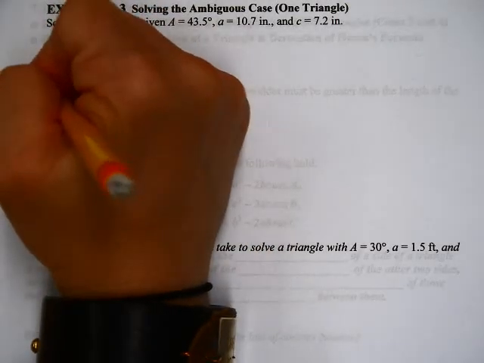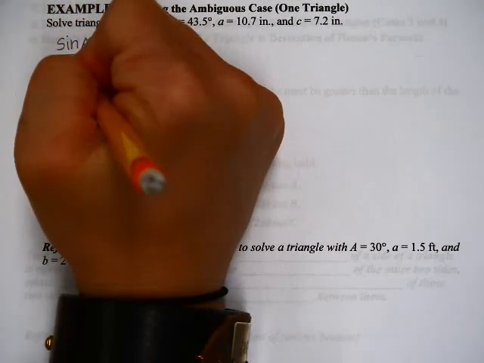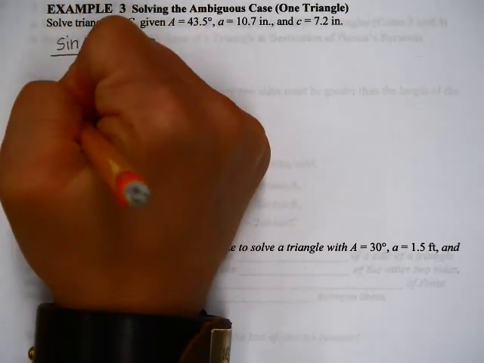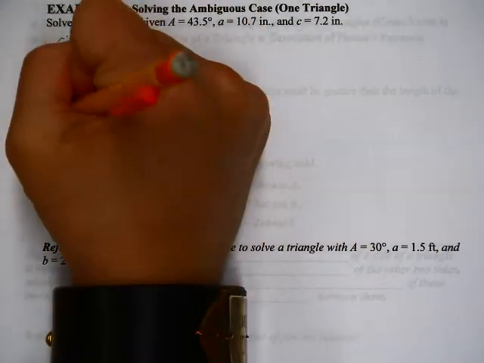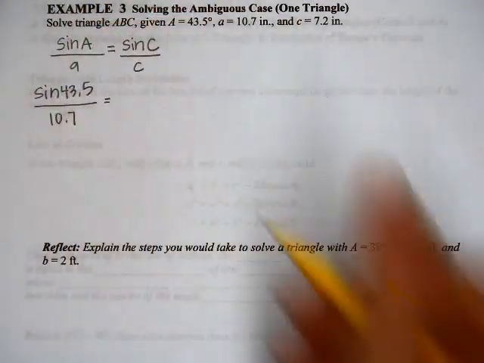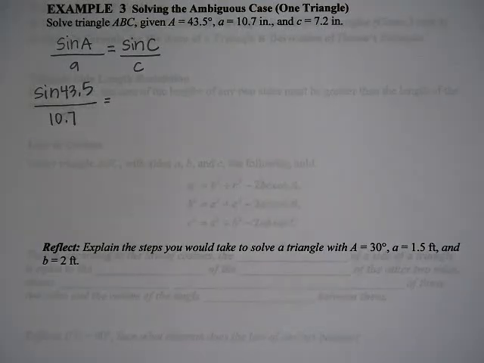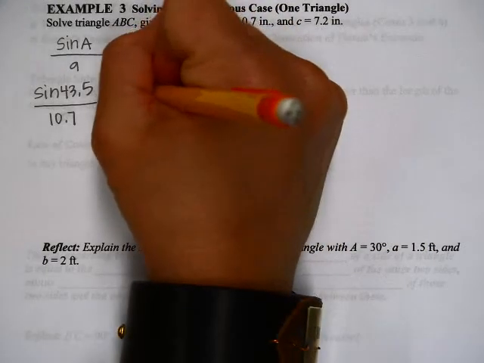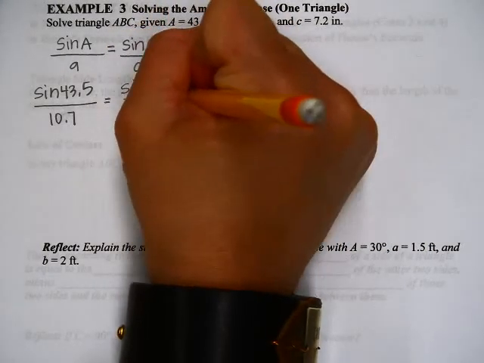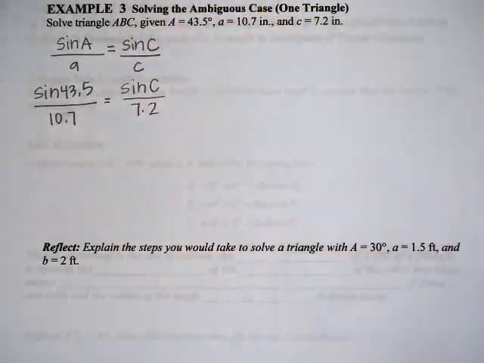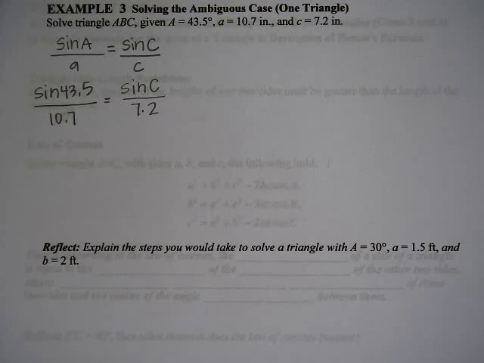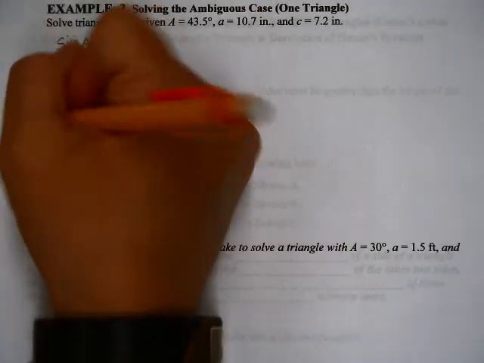So we have sine of 43.5 over 10.7 equals sine of big C over 7.2. Alright, then what are you going to do at that point?